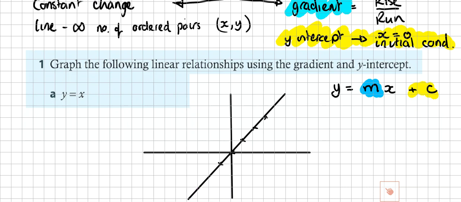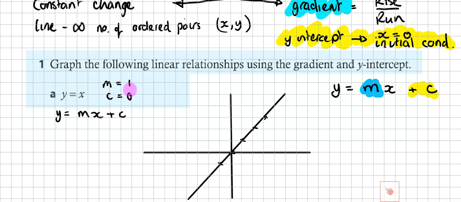So that's one way of doing it. Now, what is y equals mx plus c in this case? What is m and what is c? m is 1 and c is 0, because the initial condition is 0. m is 1, which means that as x increases by 1, y also increases by 1.